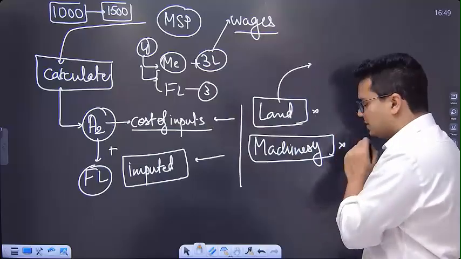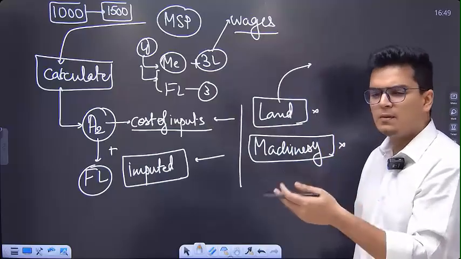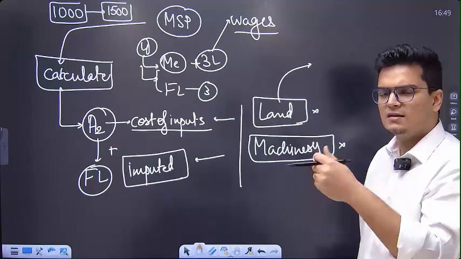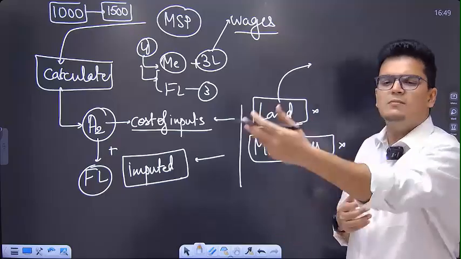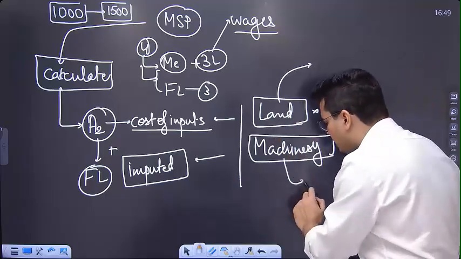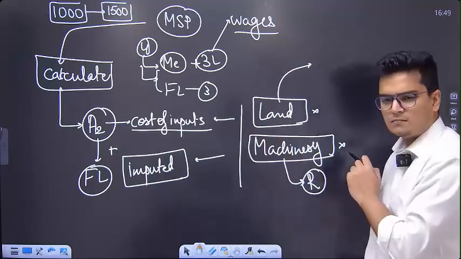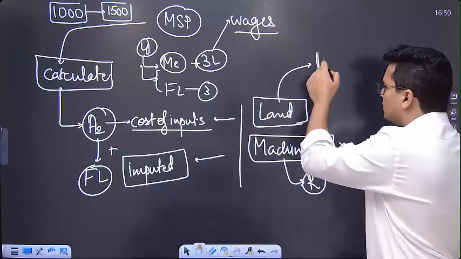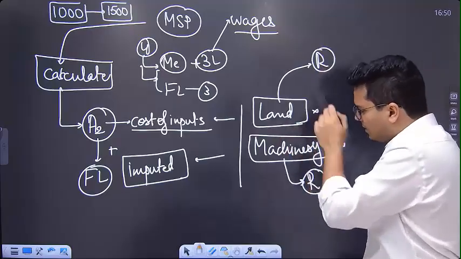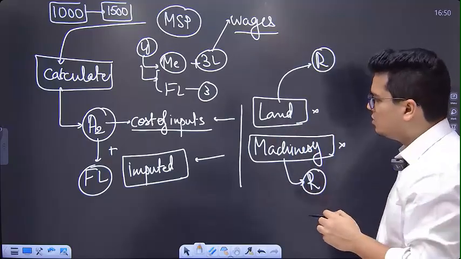Similarly, my machinery that I have, even simple machinery like plows, like let's say tractors, I could have given them on rent and had a rent that I would have received. But I am not doing this. I am actually using my land and I'm using my machinery to produce.